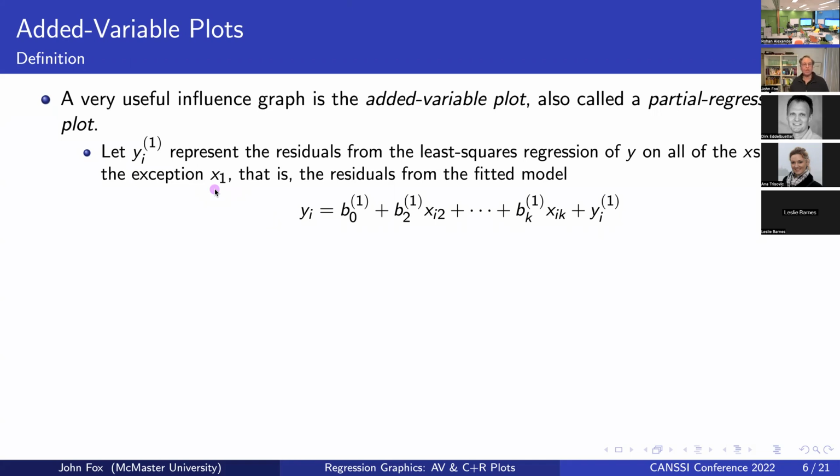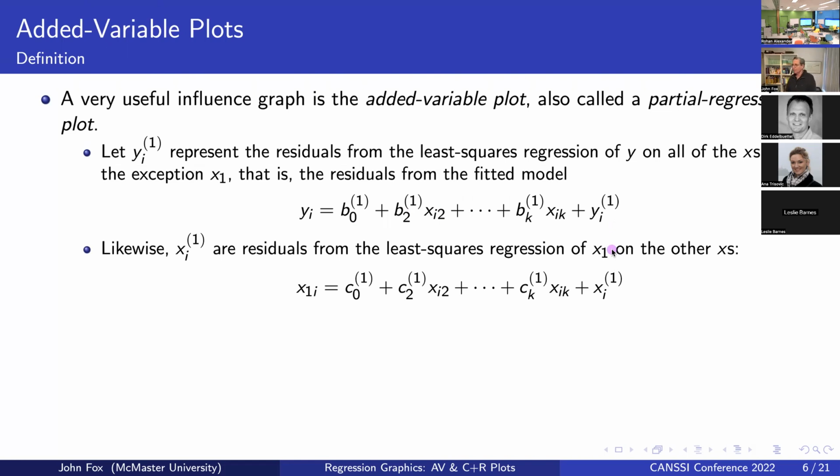We're going to focus on one regressor in the model and its coefficient, let's say, without loss of generality, x1, and regress the response variable on all of the other regressors in the model, obtaining residuals, which I've denoted here as y super 1. And then we're going to take the focal regressor x1 and do the same thing, that is, regress it on all of the other regressors in the model, obtaining residuals, which I've denoted x super 1.